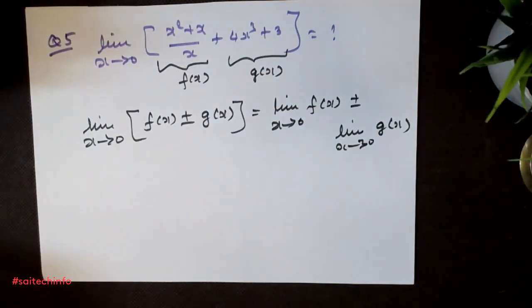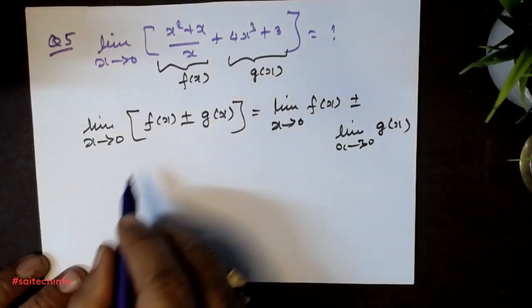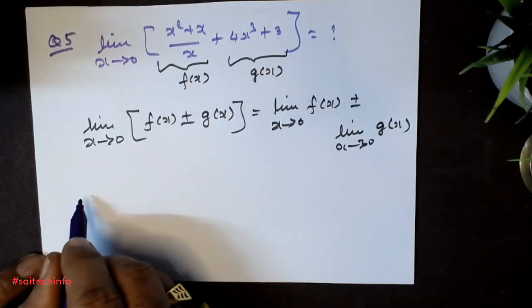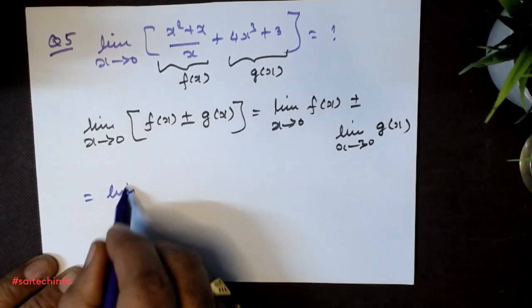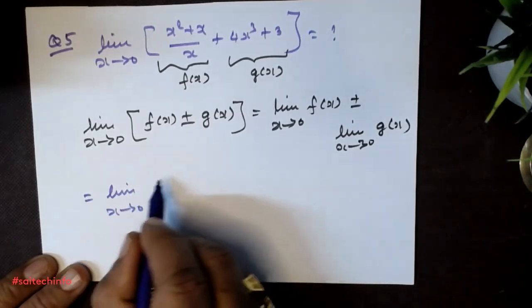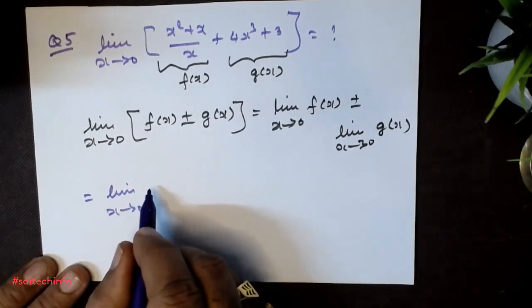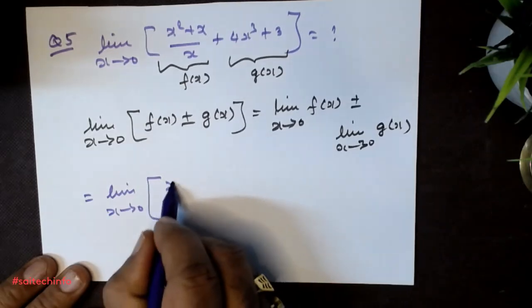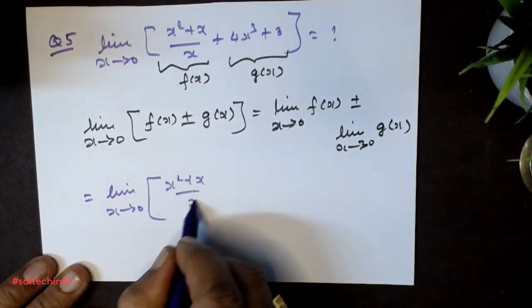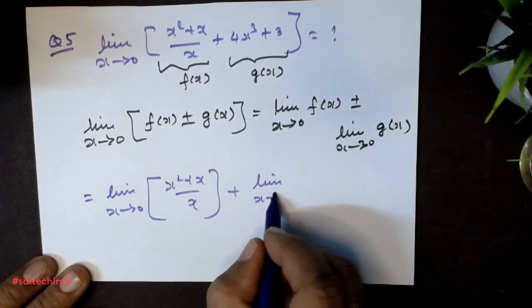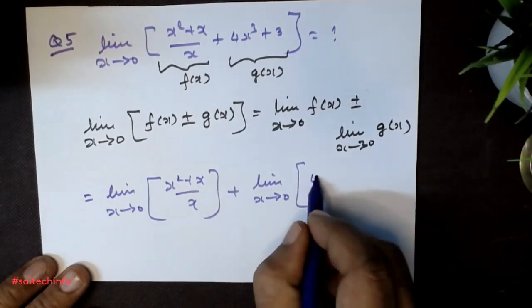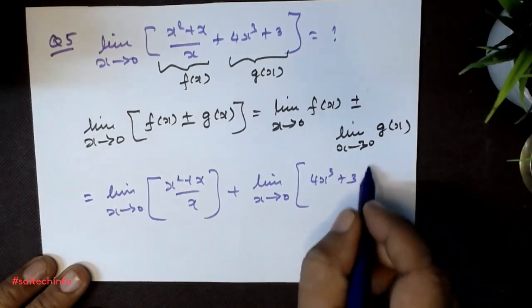So we can apply the same strategy here. So in that case, limit x tends to 0 of this function, that is x squared plus x divided by x, plus limit x tends to 0 of 4x cube plus 3. You can split this.